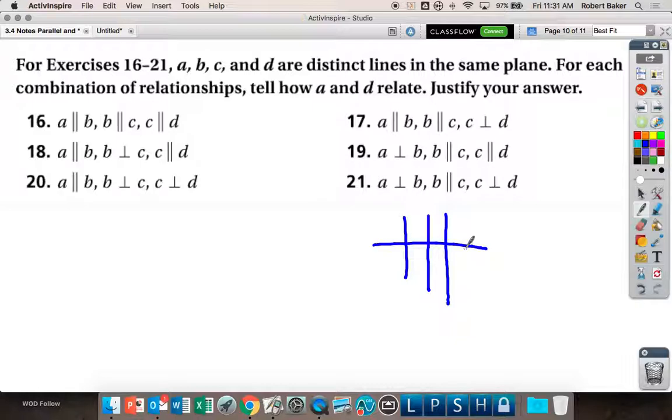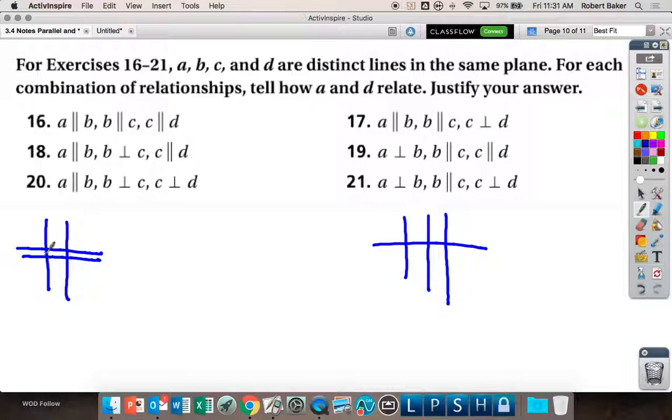I'm looking for the correlation between A and D, right? Yes. A is perpendicular to D. A, B, B, C, C, D. Yes, perpendicular. Hashtag math.